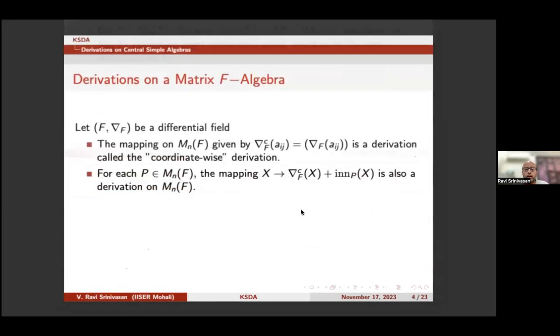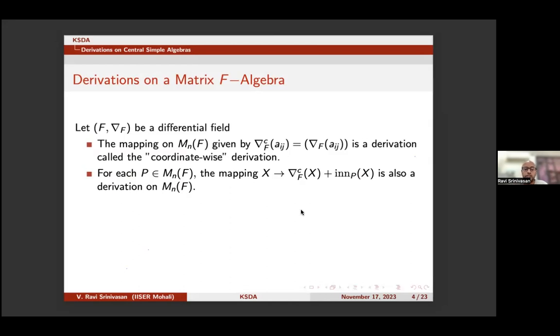So then the question is, what are all the other derivations? If I look at the mapping from M_n(F) to itself, that is given by the coordinate-wise one.